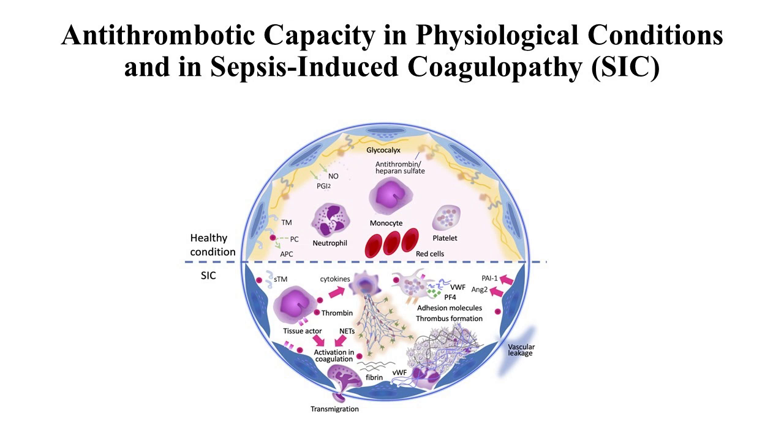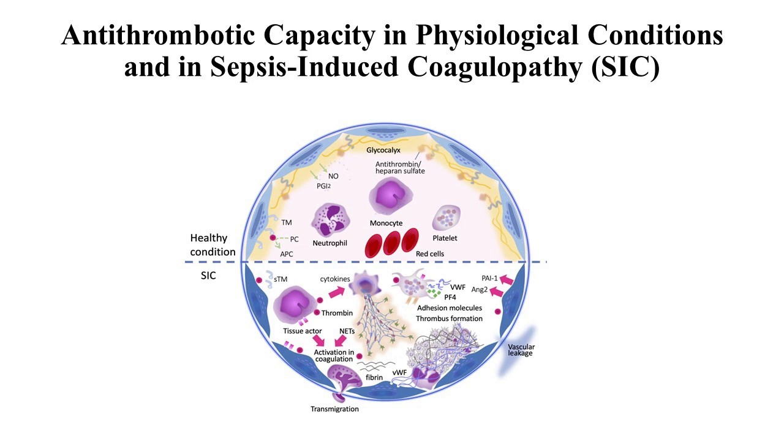Inflammatory cytokines damage the endothelial glycocalyx and reduce the production of NO and PGI2. Thrombomodulin expression decreases, and soluble thrombomodulin, sTM, may be released into circulation, reflecting endothelial injury. As a result, activation of protein C is impaired, weakening a major anticoagulant pathway.